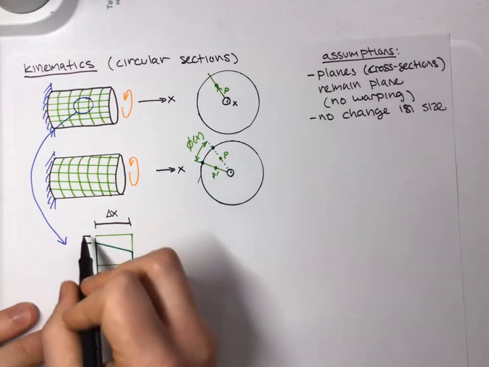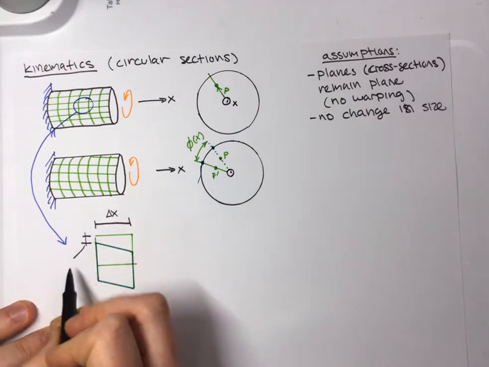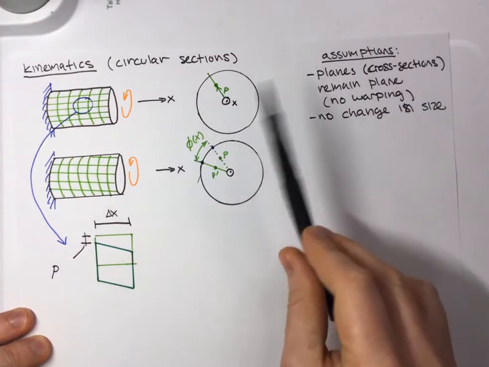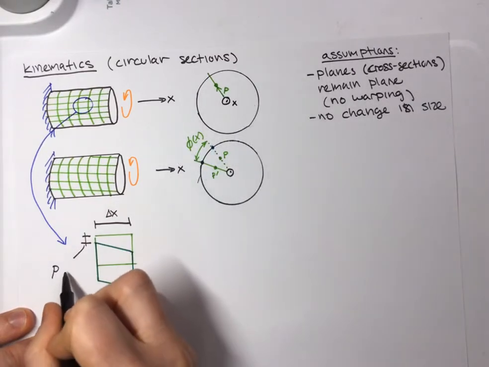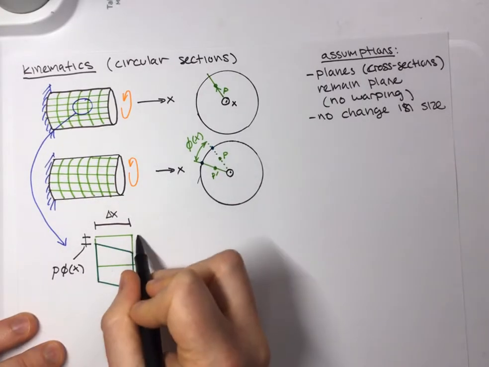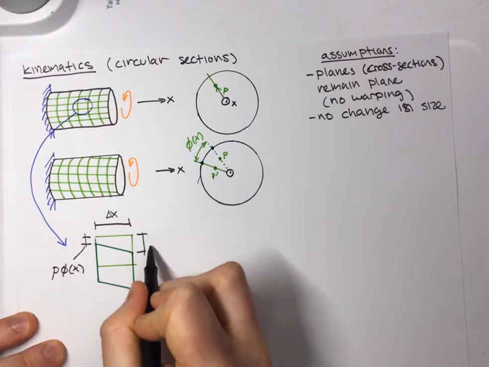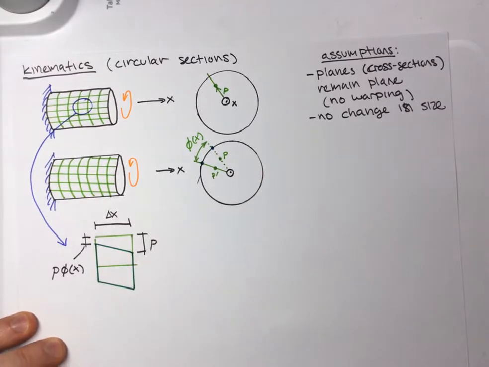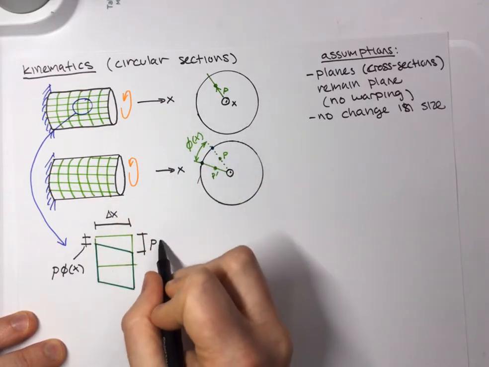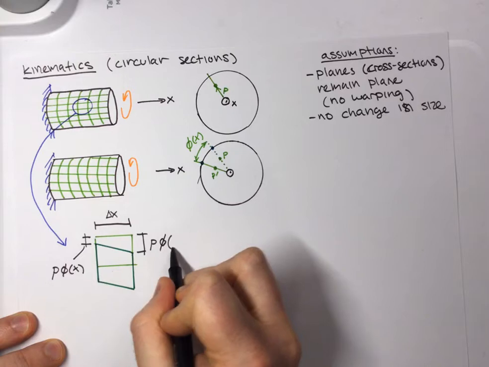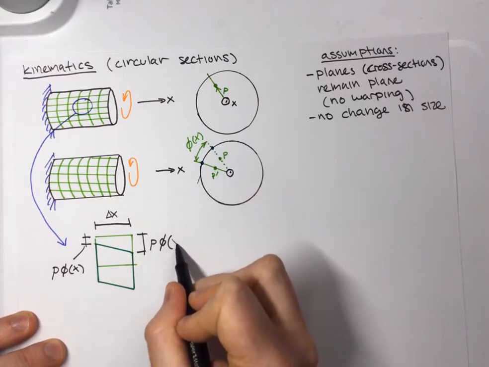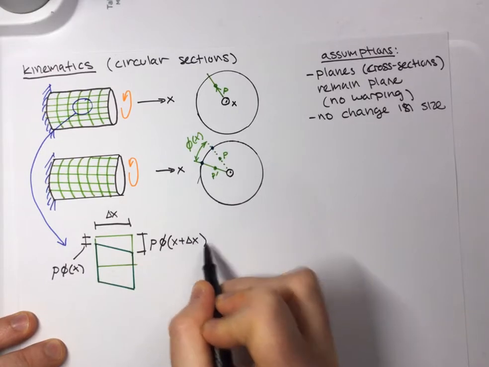So all I need to do is take rho, which is my measure from the central axis, times phi at the value x. On this other side, of course, it's going to be, again, rho. Still, we're at the same distance away from our central axis, but now we have a little bit more or less phi, so that would be our rotation, and I would designate that with a x plus delta x.